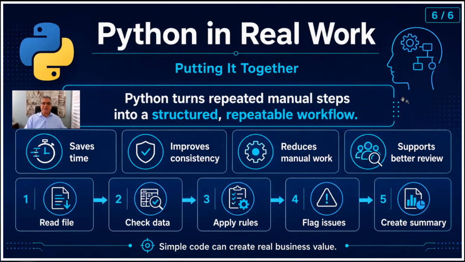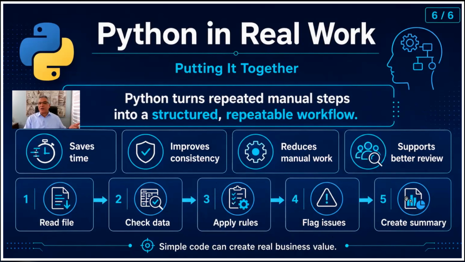Python turns repeated manual steps into a structured, repeatable workflow by, first of all, reading the file, checking the data, applying the rules, flagging the issues, and then creating the summary. Part of creating the summary could be printing the result also.